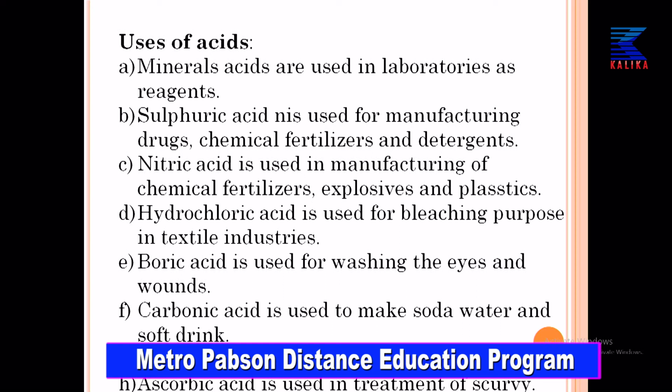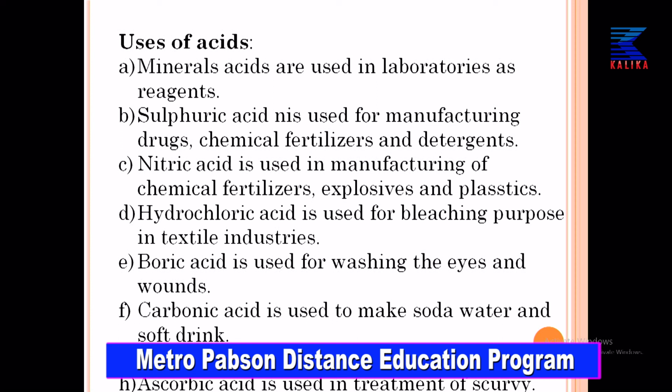Similarly, carbonic acid is used for making soda water and soft drinks. The soft drinks we use in our daily life are made by passing carbon dioxide under high pressure. That carbon dioxide reacts with water to form carbonic acid.